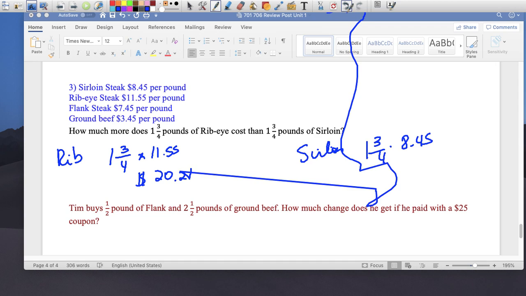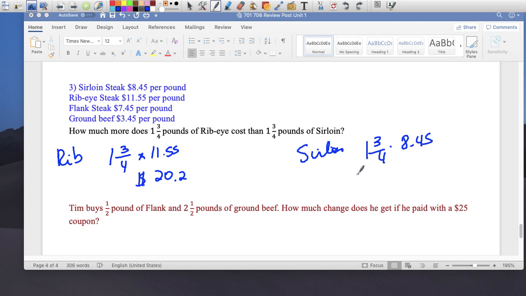The sirloin is going to cost us... did I just do this? I did something wrong here. The ribeye is 11.55.